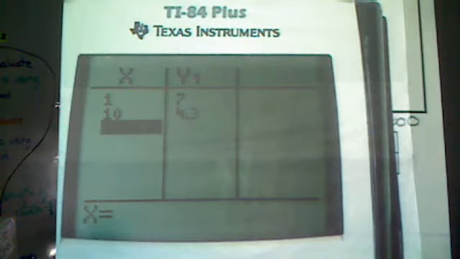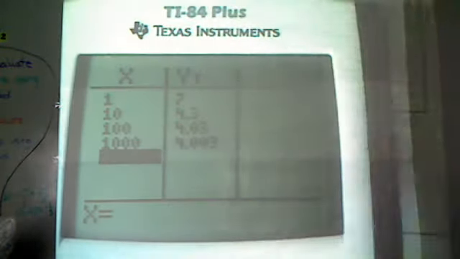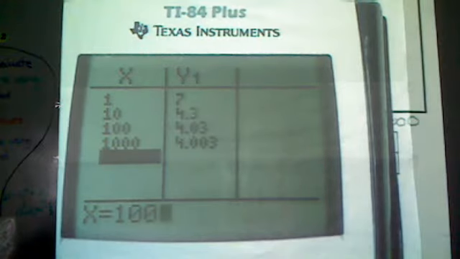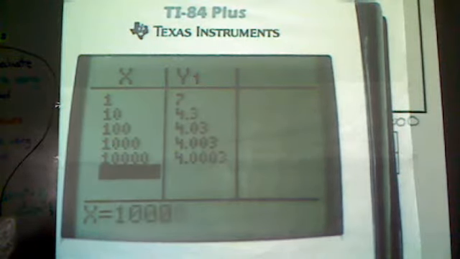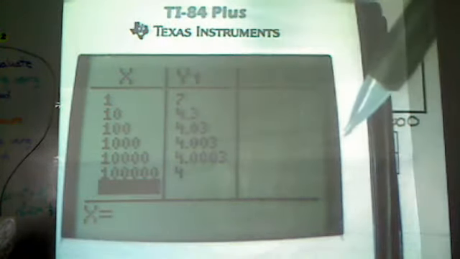So with just two numbers, it looks like we're getting smaller and smaller. 100 over, 4.03, 1,000 over, 4.003, continuing on. Notice that the number is getting smaller and smaller until finally we get to just 4.